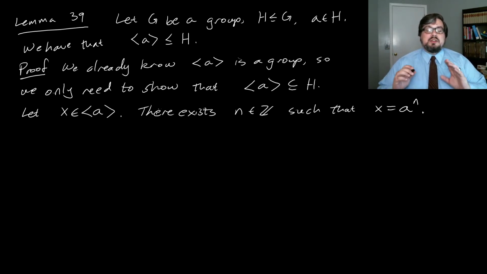That's what it always means to belong to the cyclic subgroup generated by an element. And basically every single time you are working through a proof and you wind up with something in a cyclic subgroup, you want to express it in terms of the generator or a generator of that cyclic subgroup. So there exists some n such that X is equal to A to the n.